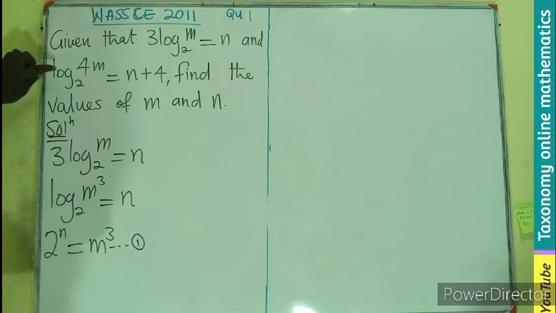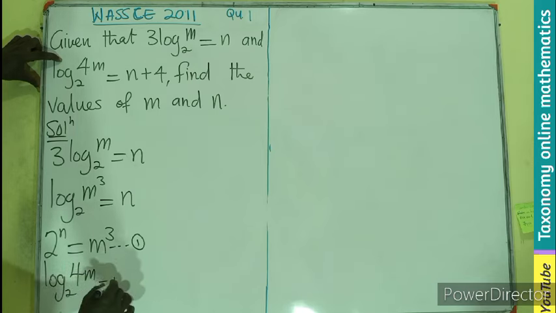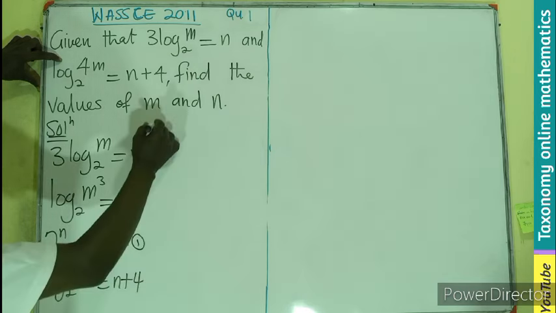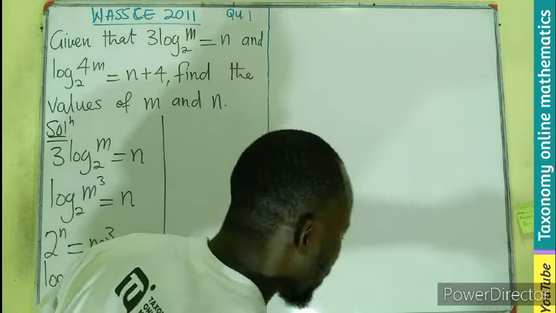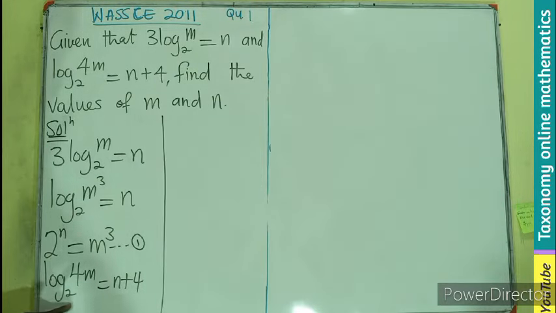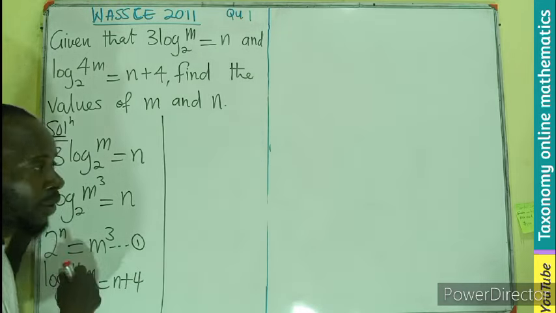Then move into the second logarithm, which is the log of 4m, base 2, equals n plus 4. If that is the case, what are we going to do? We are also going to apply the same principles from logarithms into indices. The base, the number, the argument.